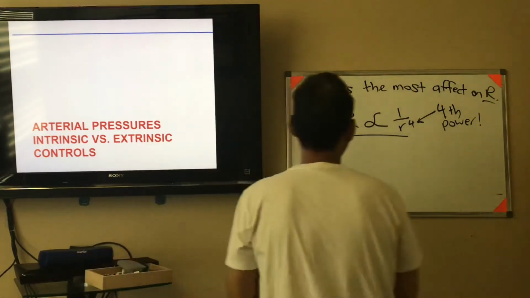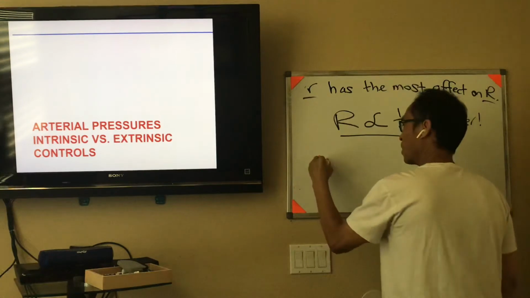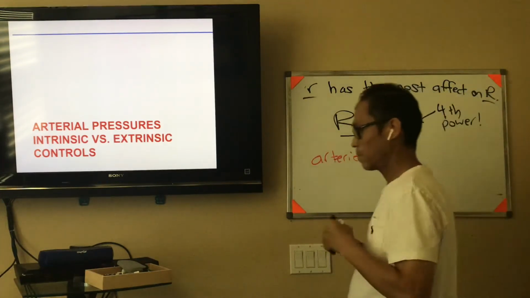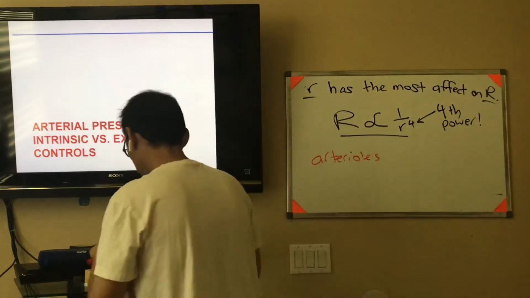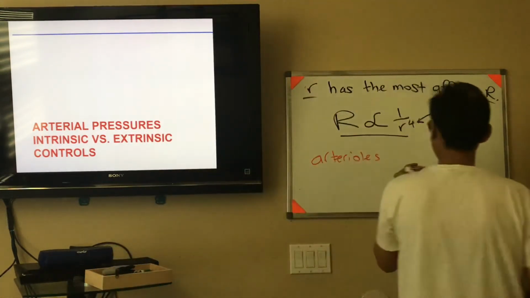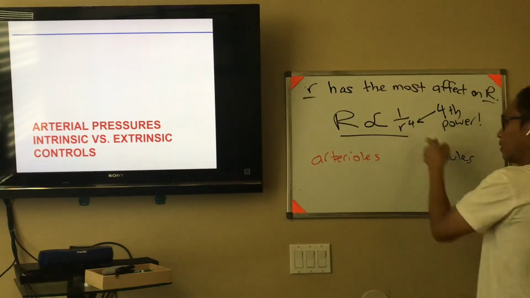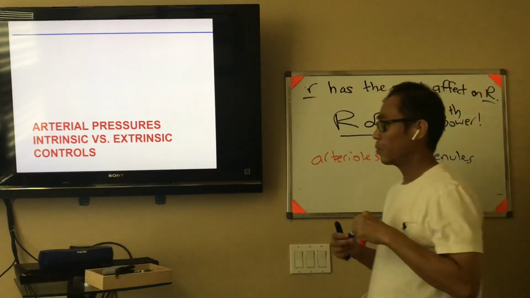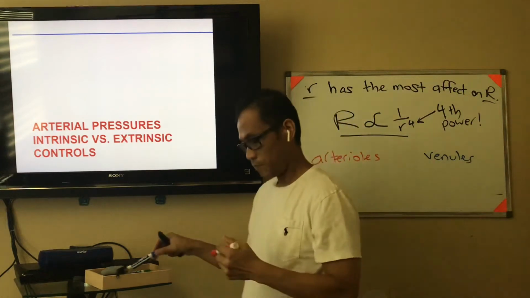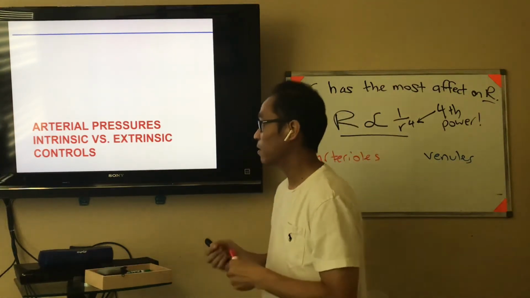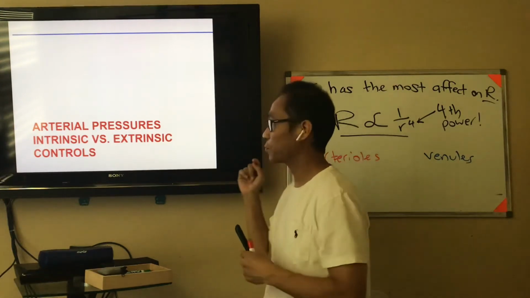Consider arterioles versus venules. Their vessel radius. Changing it at that level is what we'll focus on in terms of controlling blood pressure.